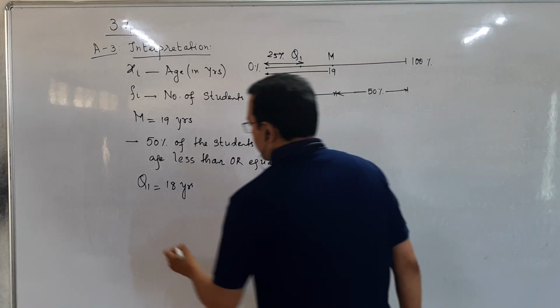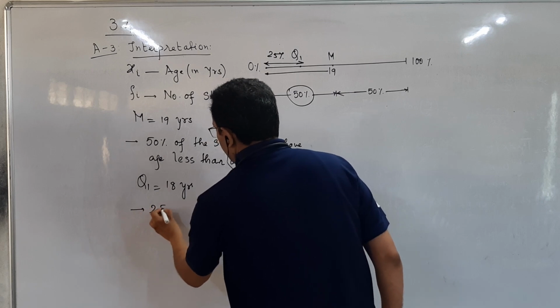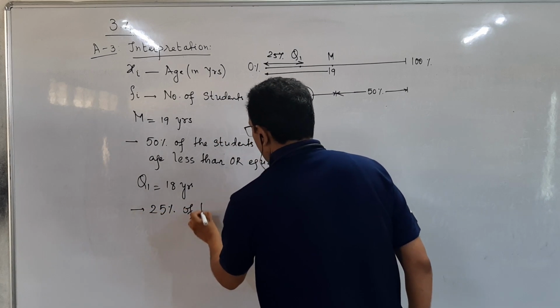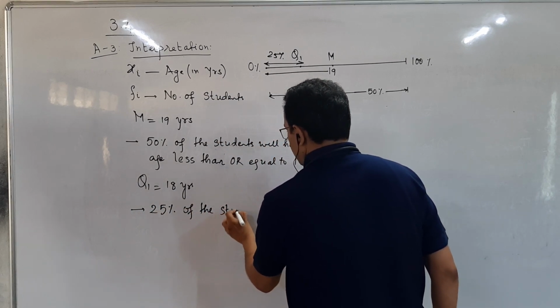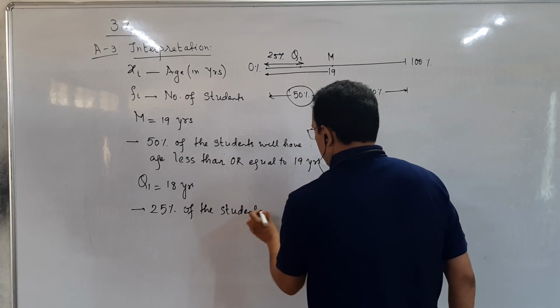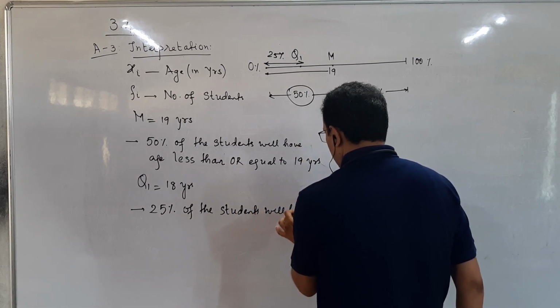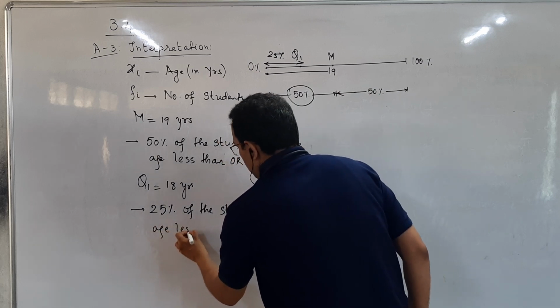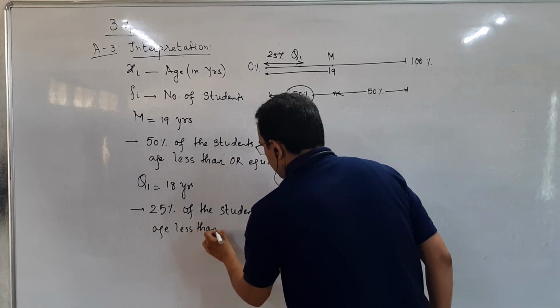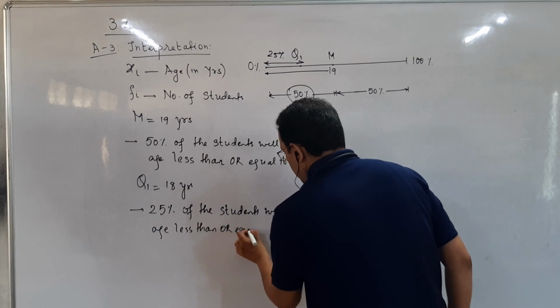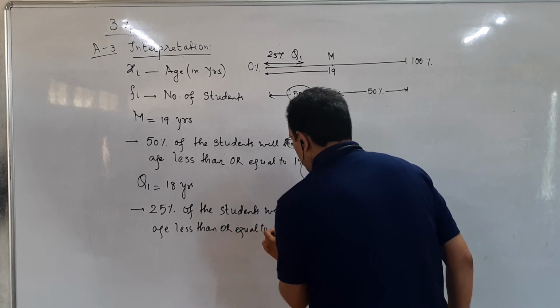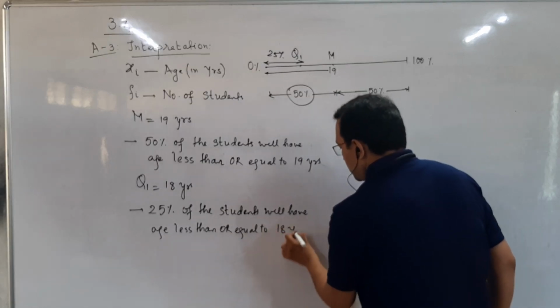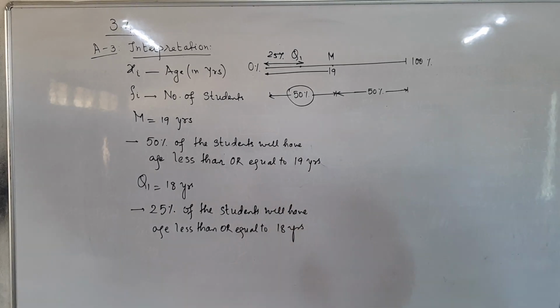So what we will write? 25% of the students will have age less than or equal to 18 years. This is the interpretation, students, for Q1.